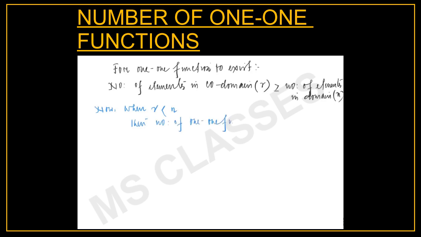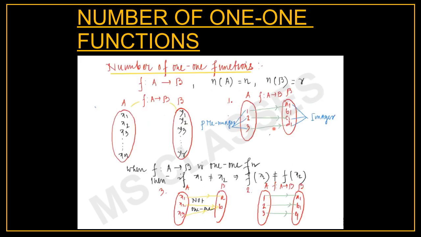Therefore, for a one-one function to exist, the number of elements in the codomain should be greater than or equal to the number of elements in the domain. And this condition you will keep in mind: when R is less than n, the number of one-one functions is 0. With this, what I told you is that whenever it is a one-one function, all the elements in the domain should have distinct images, and images should have distinct pre-images.